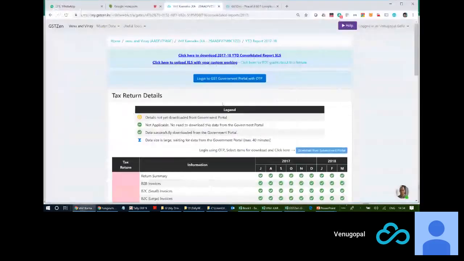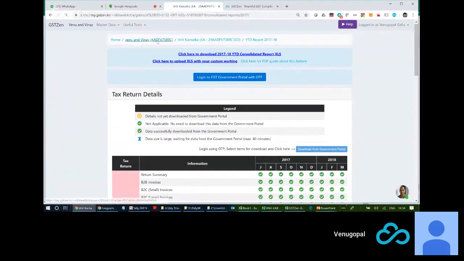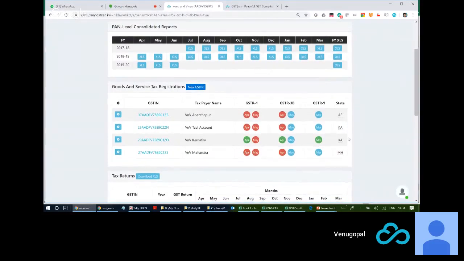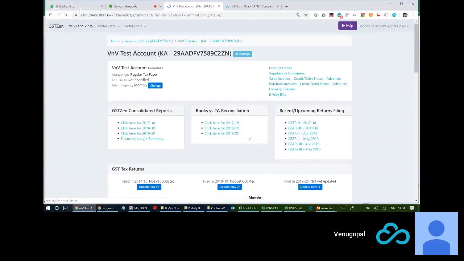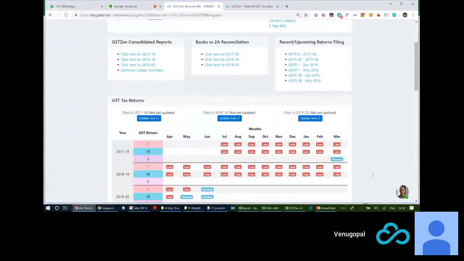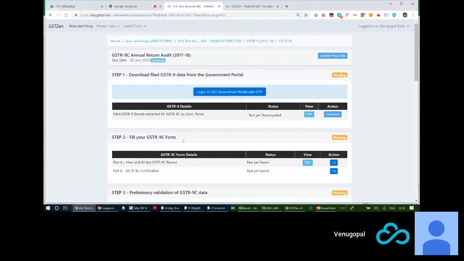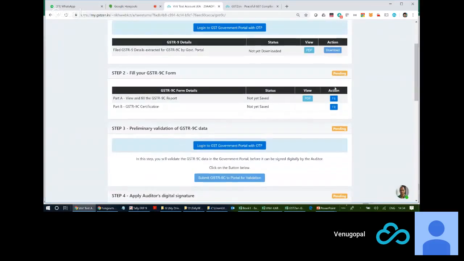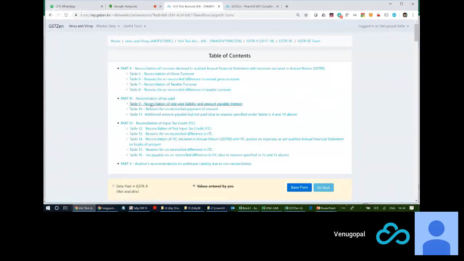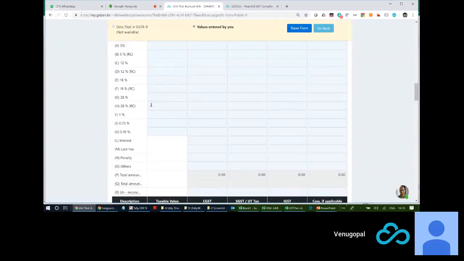You can come back to the portal, and when you are filling GSTR-9C, let me navigate to table number 9. Here the responsibility is cast on the taxpayer that they file the turnover rate-wise. Each rate-wise turnover needs to be filed.